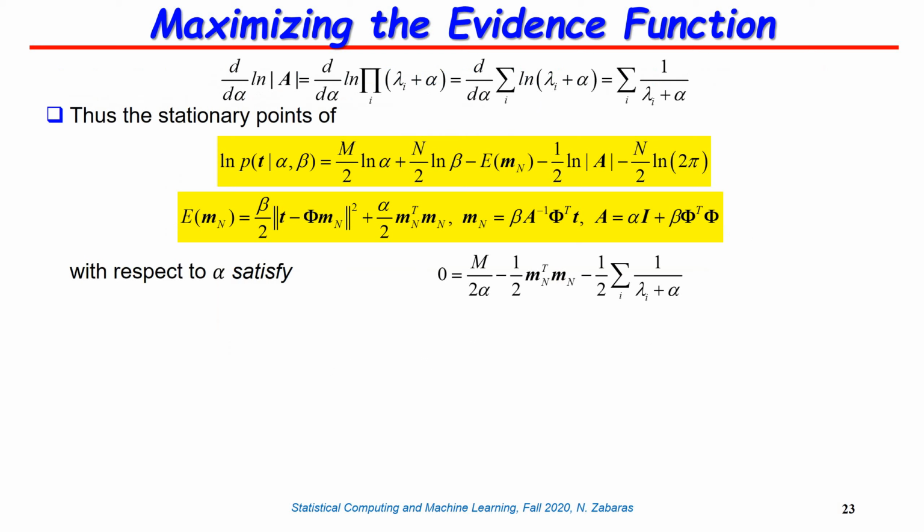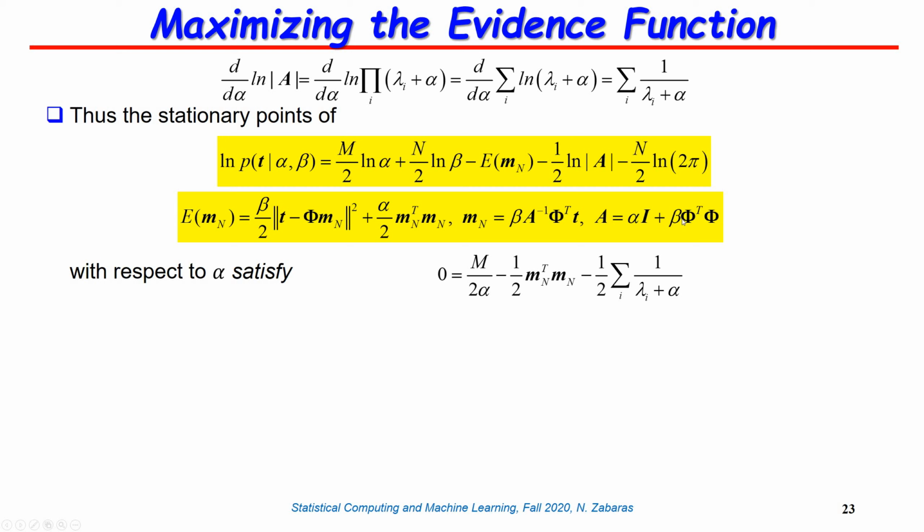Okay, now let's look further in the calculations here. So there is an alpha in the first term, so I am going to get m over 2 alpha when I take derivatives. I look at mN, there is 1/2 of mN transpose mN. But now notice, if you pay close attention, mN depends on the matrix A, and matrix A depends on alpha.